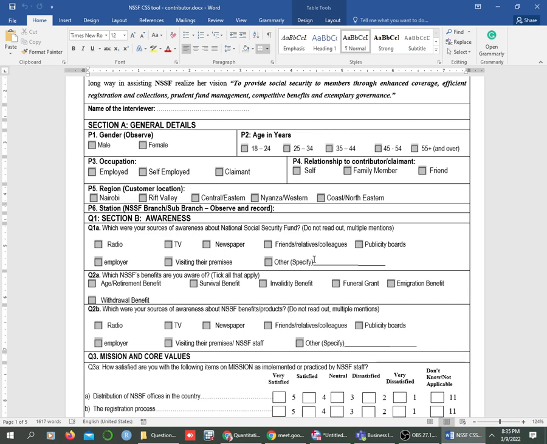Let me use an example. Assuming I was asking Gloria this question about NSSF, and Gloria says Facebook. I ask Julius, and Julius says Instagram. I ask Wekesa, and Wekesa says, let's say, WhatsApp. And then I ask Magdalene, and Magdalene says Twitter.